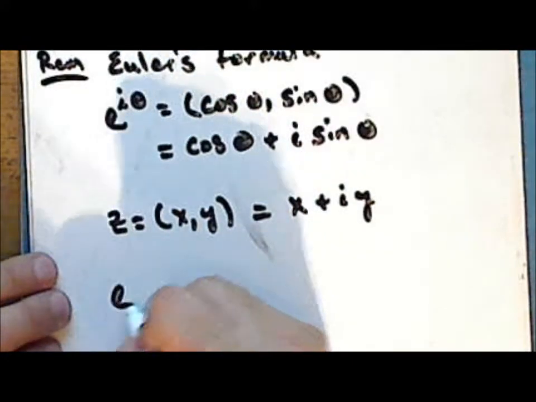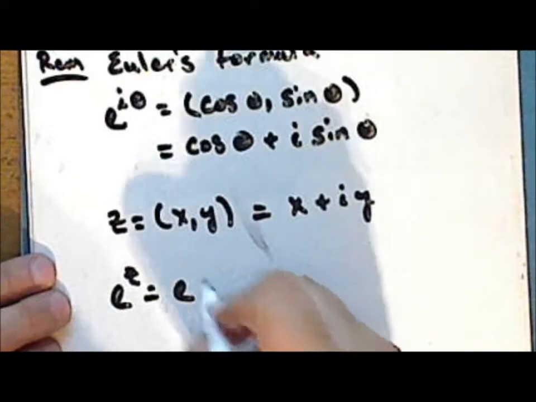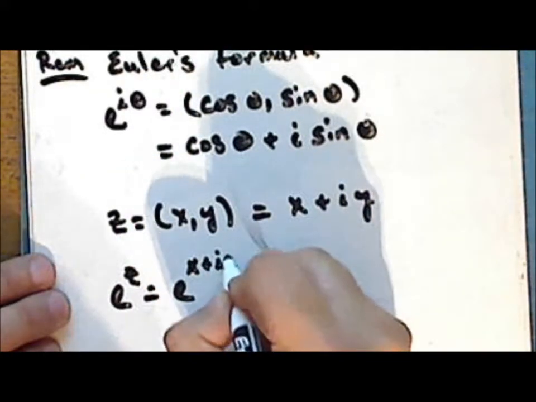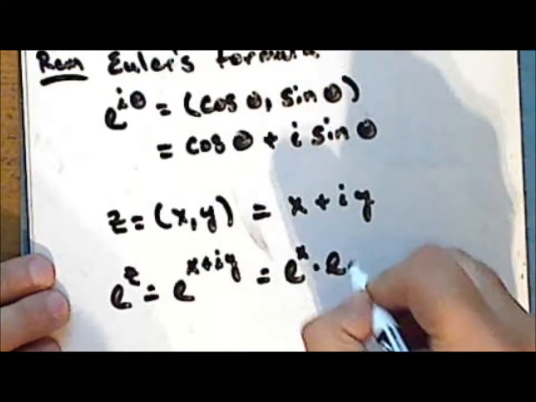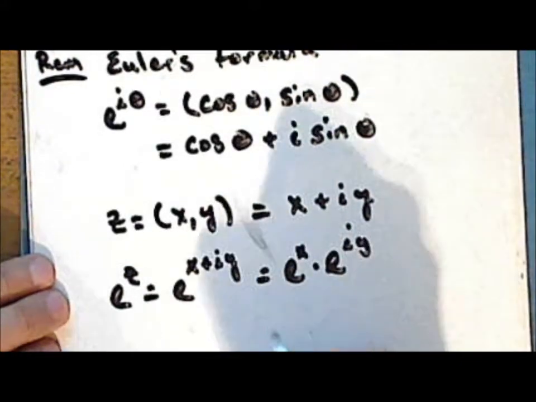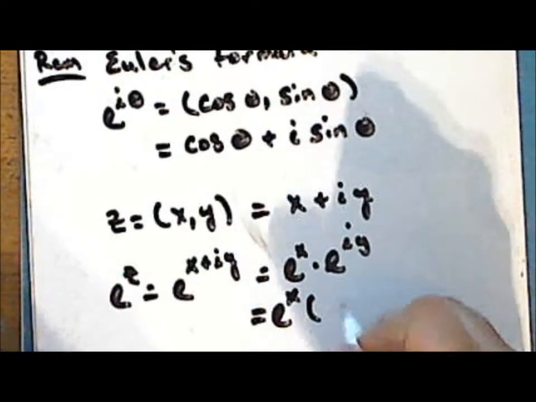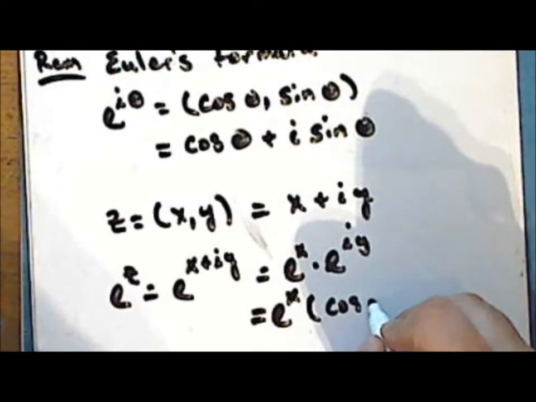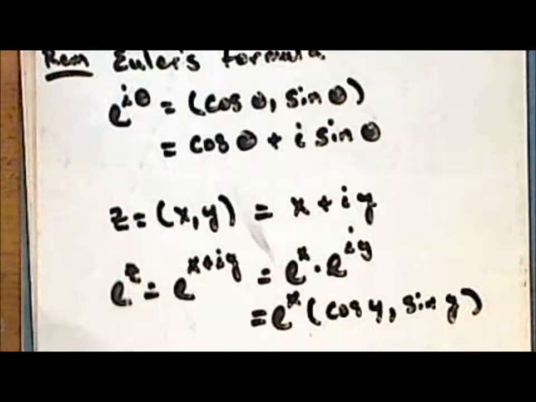For instance, e to the power of z is e to the power of x plus I times y, which is e to the power of x times e to the power of I times y, which gives us e to the power of x times the ordered pair cosine y, sine y. But for our purposes, Euler's formula will allow us to express complex numbers in what is known as the exponential form.